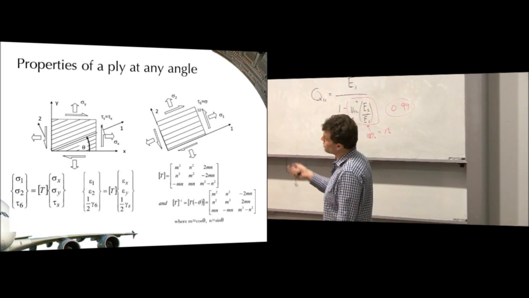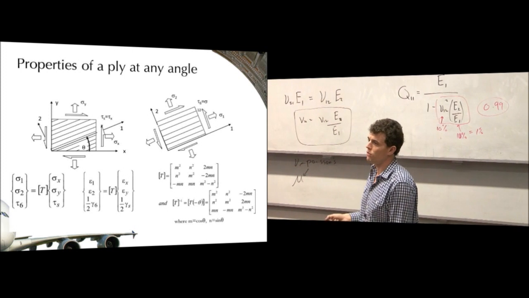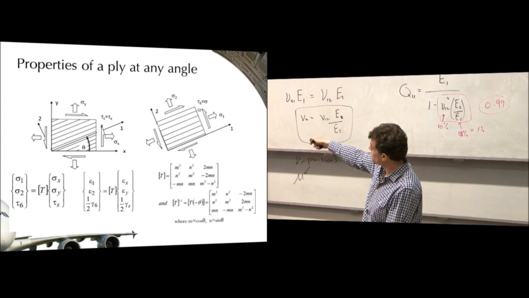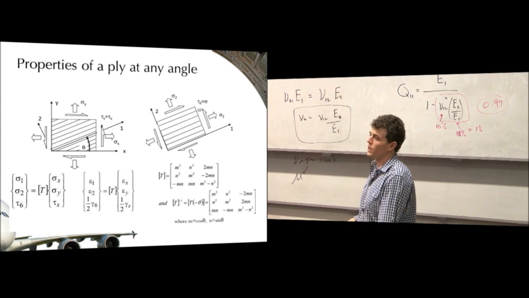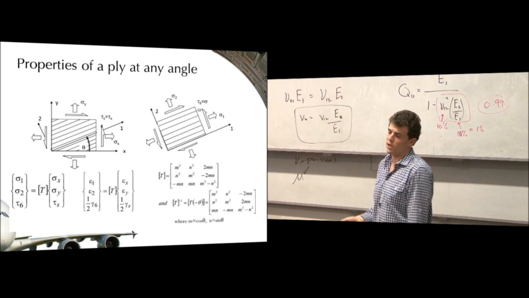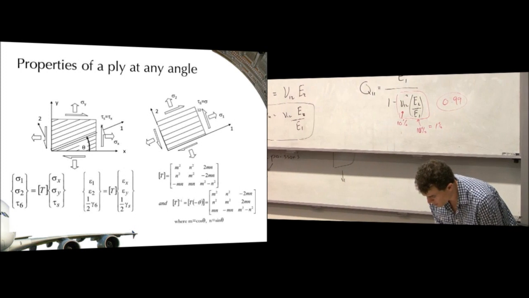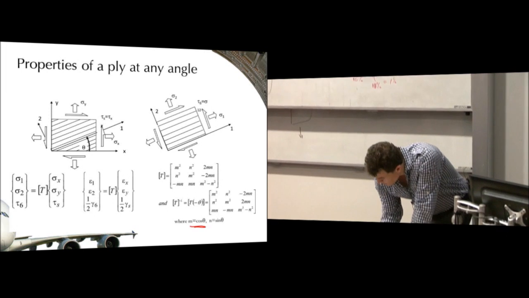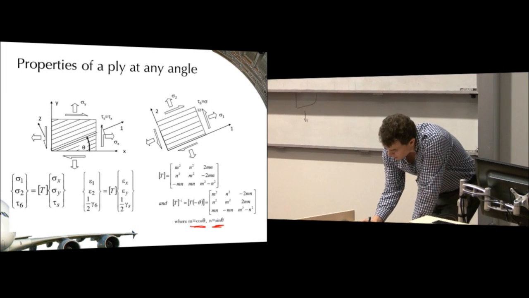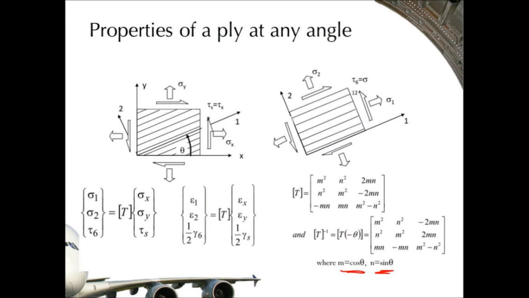But we can do what's called a transformation on the vector, and we use this transformation matrix, and all the terms in that transformation matrix are derived from cosine theta and sine theta down here. So m is cos theta, n is sine theta. We create a matrix of m squareds and n squareds, and we can rotate one stress state into another stress state just using that rotation matrix.